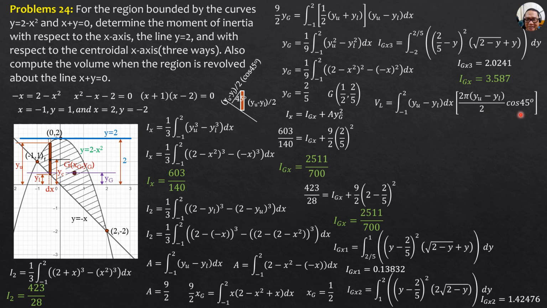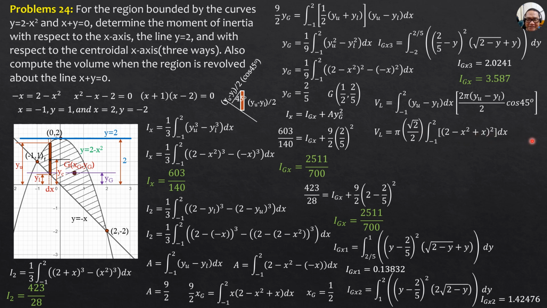So cancel 2, and cosine of 45 degrees, take note, is square root of 2 over 2, or 1 over square root of 2. So that would be pi square root of 2 over 2, then integral from -1 to 2 of quantity upper y minus lower y squared. Upper y is the y of the parabola 2 minus x squared, and lower y is negative x. So that becomes 2 minus x squared minus negative x, so plus x, then quantity squared dx.